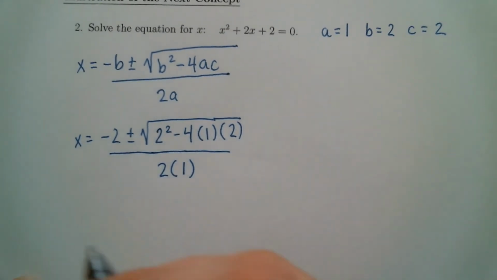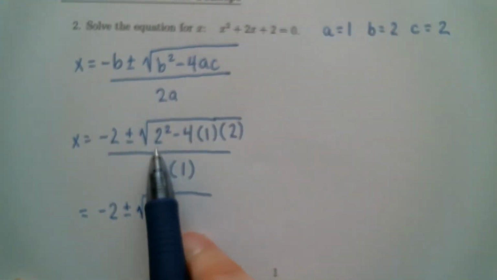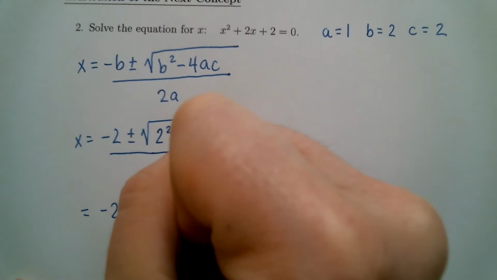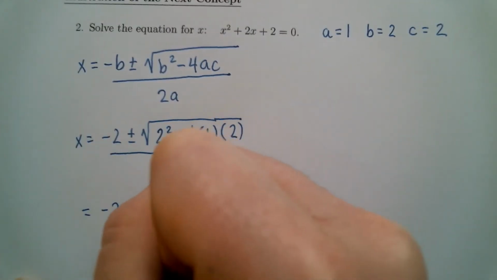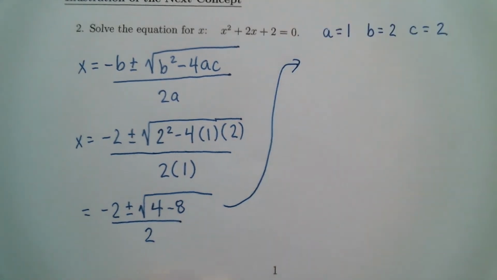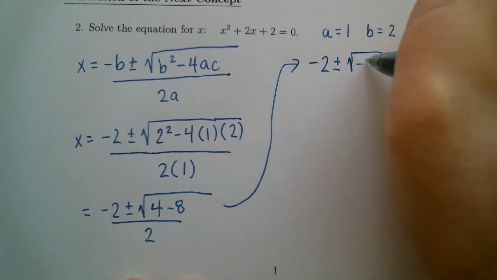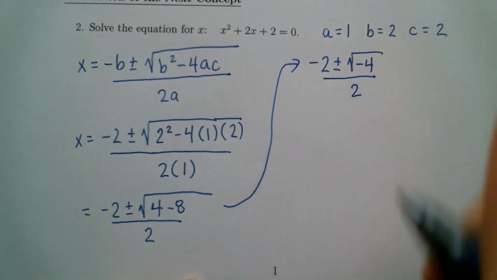So we're going to get negative 2 plus or minus the square root of, let's see, we've got 4 minus 8, all over 2. Okay, continue up here. So we're going to get negative 2 plus or minus the square root of negative 4 all over 2.